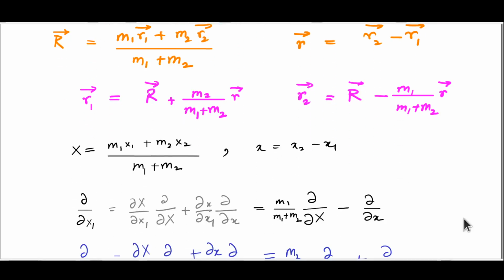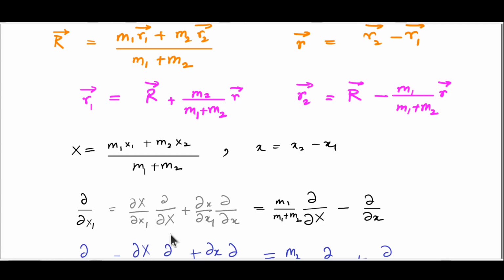For that, we use the chain rule for derivatives. Del x1 is given by del capital X del x1 times del capital X, plus del small x del x1 times del small x. Of course, when I say del capital X, I mean at small x, small y, small z, etc. constant. When I say del x1 here, I mean x2, y2, y1, etc.